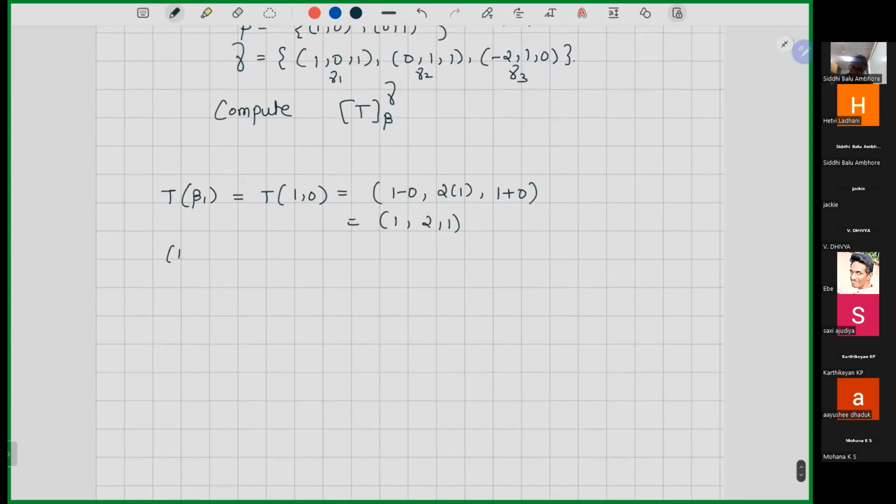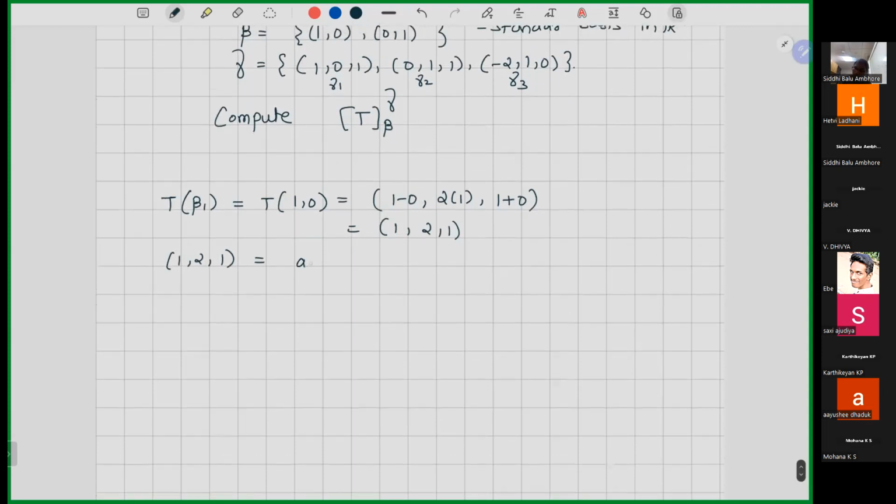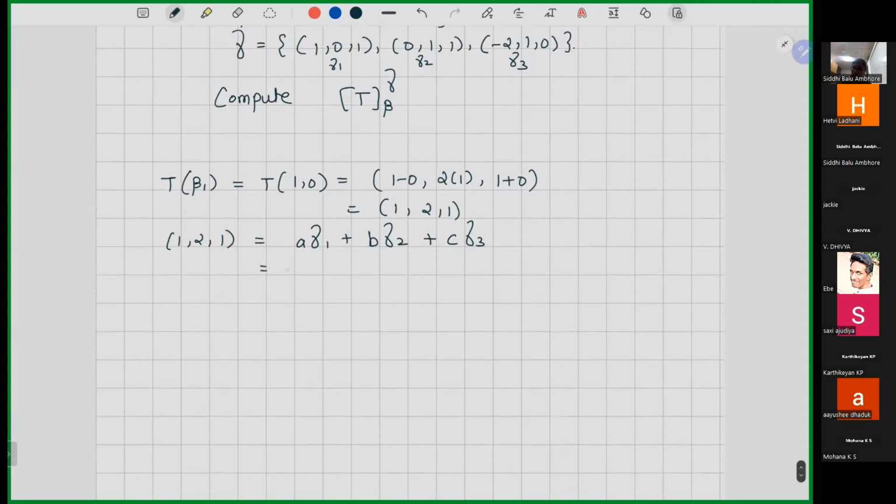And now this (1, 2, 1), I want to write it as a linear combination of this gamma. So A gamma 1 plus B gamma 2 plus C gamma 3. And what this will be: A (1, 0, 1) plus B (0, 1, 0) plus C (-2, 1, 0).